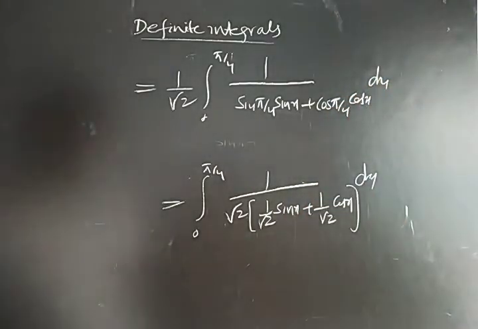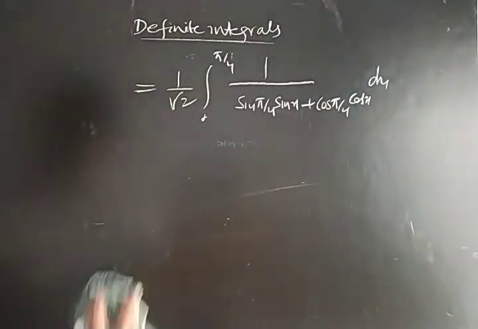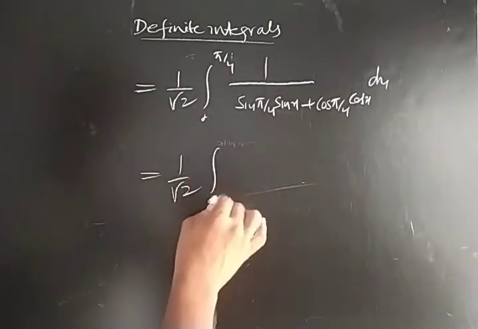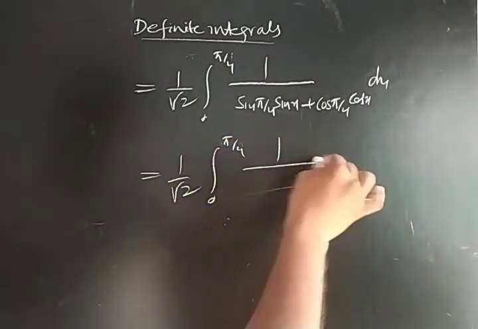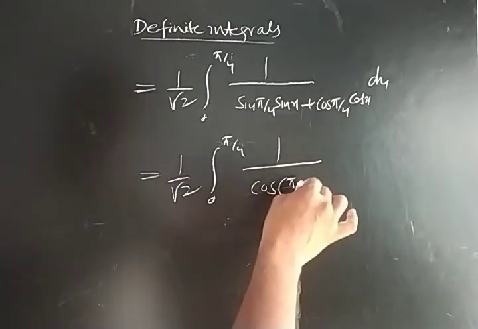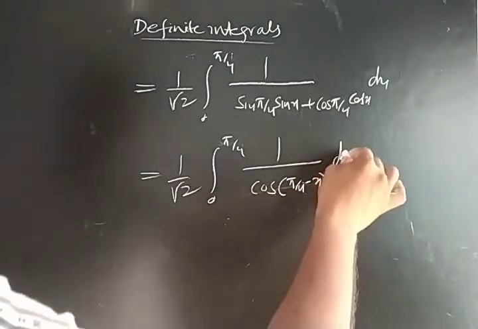So sin a sin b plus cos a cos b, that is cos a minus b formula. So by using cos a minus b formula, we can write 0 to pi by 4 here, 1 by cos of pi by 4 minus x dx.